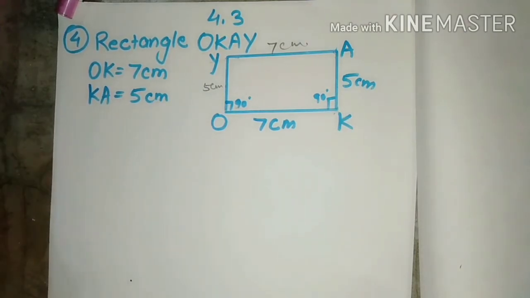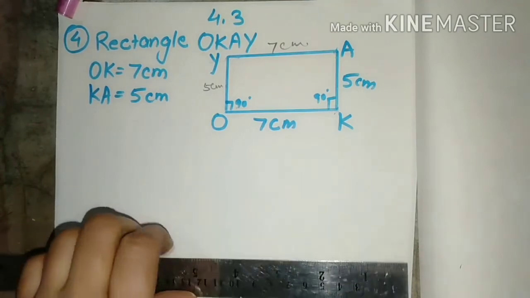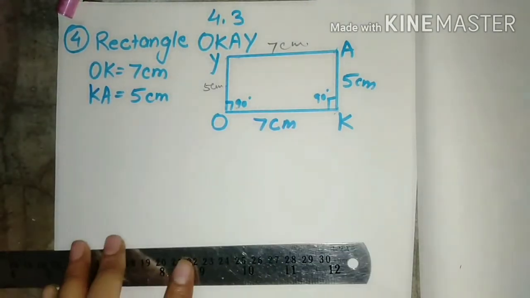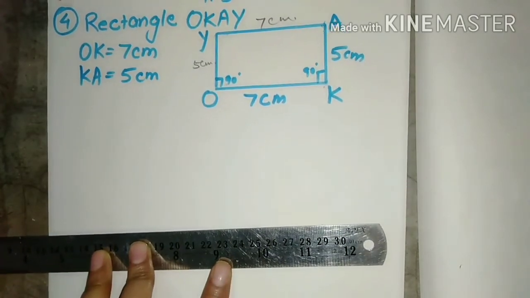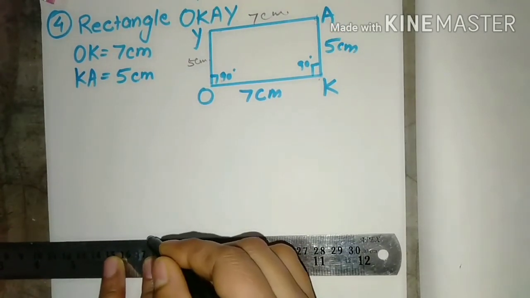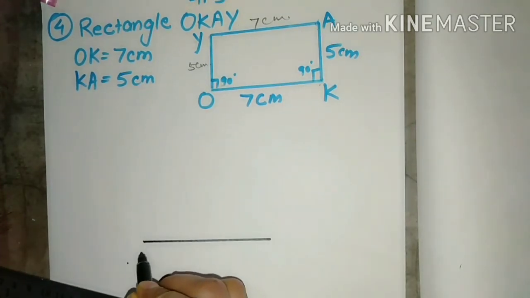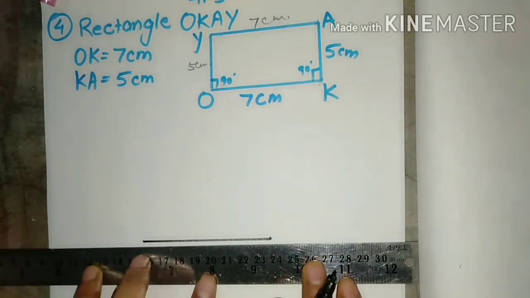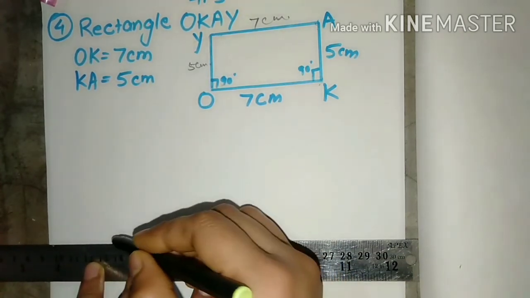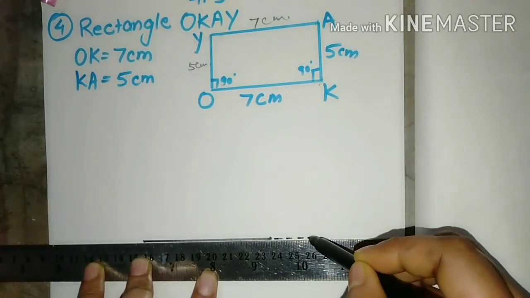So take the scale, draw 7 centimeter, name this point as point O, this point as point K. Extend a little while, as at both the vertices you have to construct 90 degree angle.